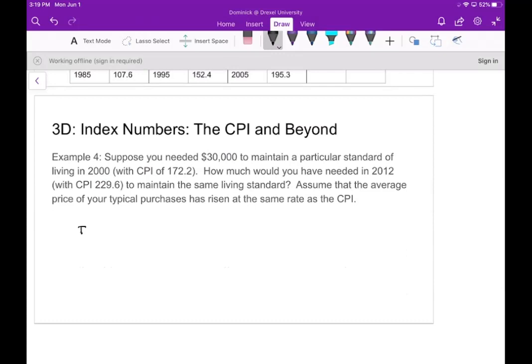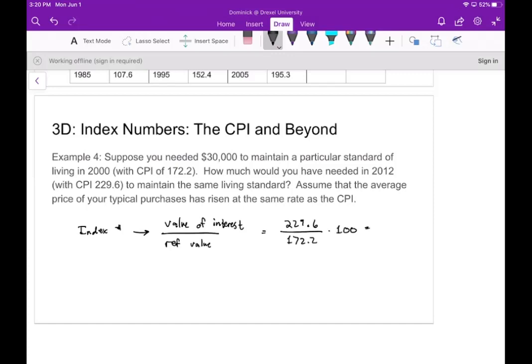Well, first, we need to find the index number. And we'll find the index numbers by comparing those two CPIs. So again, this is the reference value in the bottom, and then the value of interest up top. Here, our value of interest is 2012, so we're going to put that CPI up here, and then the reference value, 172.2, down here.